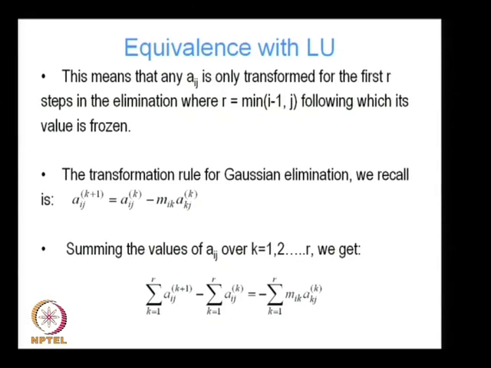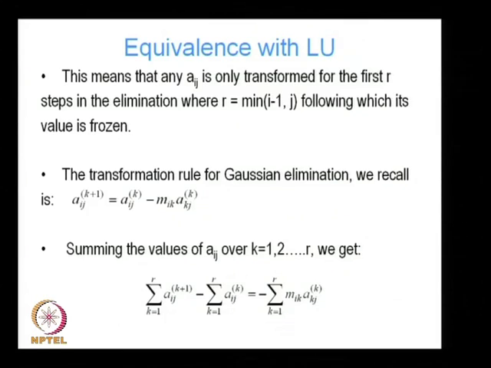Let us go back to the transformation rule for Gaussian elimination, which is, let us recall, a_ij^(k+1) is equal to a_ij^(k) minus the multiplier m_ik times a_kj^(k), where the multiplier m_ik, if we recall, is nothing but a_ik^(k) divided by a_kk^(k). So, let us look at this equation and sum the values over k equal to 1 through r.